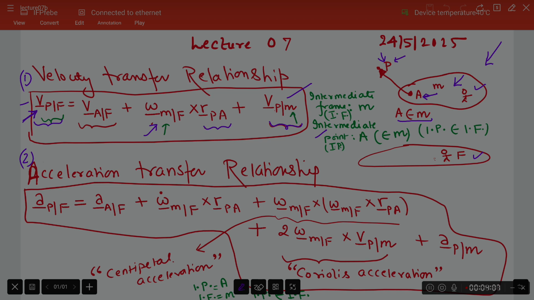So now we have an intermediate frame and an intermediate point. Note that this relationship requires identification of an intermediate point, and that intermediate point must be fixed in the frame M. Otherwise, this relationship will not hold good.